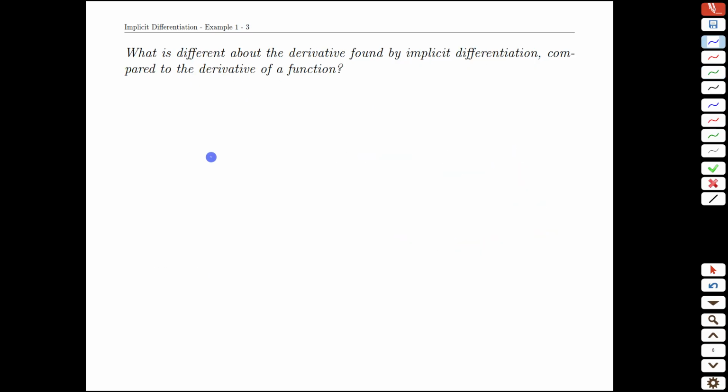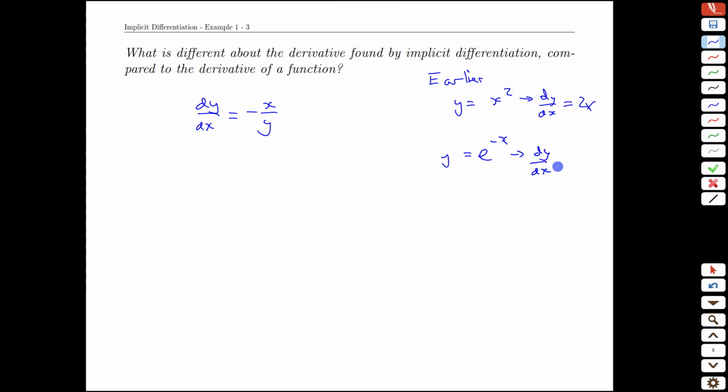Now, is there something different about what we just found? Well, if you think of what we've seen before versus what we just saw now, earlier we had y equals things like x squared, that gave us dy/dx, it was just 2x. And if we had y equals e to the negative x, that gave us the derivative of negative e to the negative x.